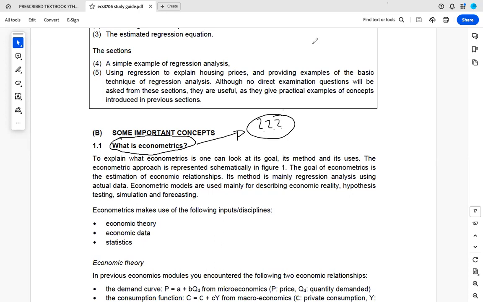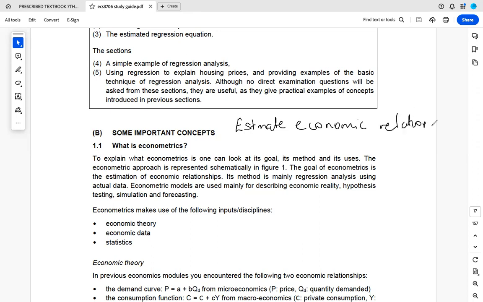And when we talk about econometrics, we're just talking about an economic concept where we are attempting to estimate economic relationships.